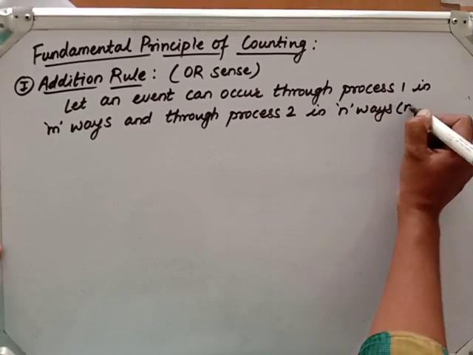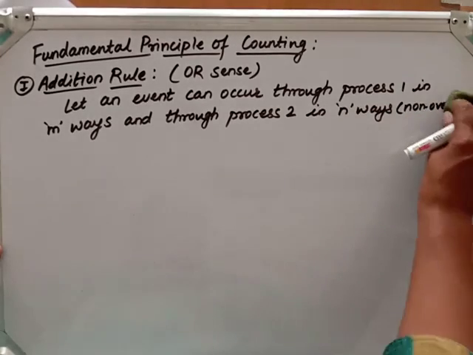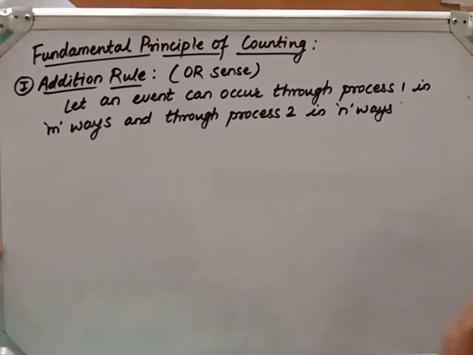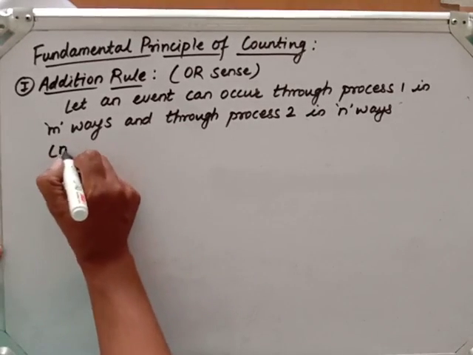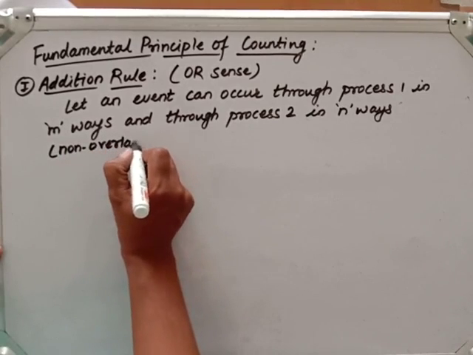These n ways are non-overlapping. That means these n ways are not the same as the previous ones. They should be different, non-overlapping.